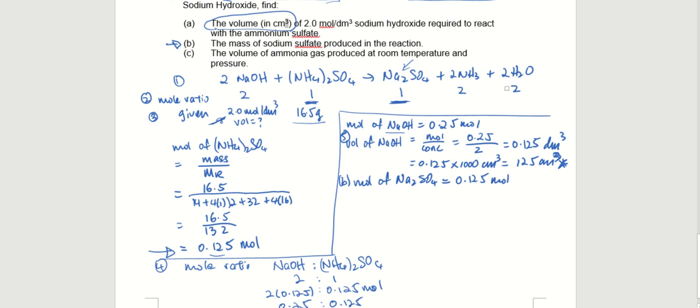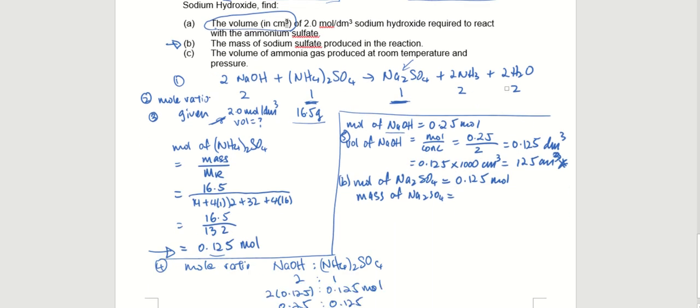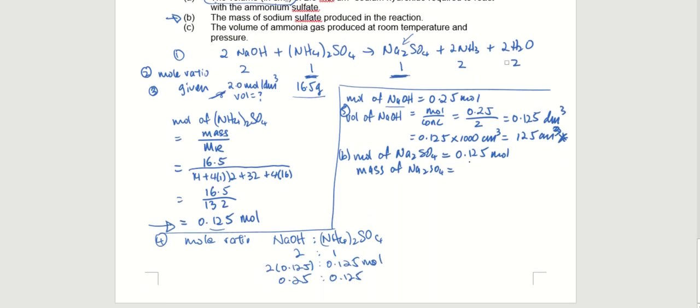Okay, and in order for us to calculate the mass of the sodium sulfate, we again turn to our formula. Where is the formula I'm going to use? Which is here. So mass will be equal to mole times Mr. So we simply do mole, which is 0.125, times the Mr of sodium sulfate.